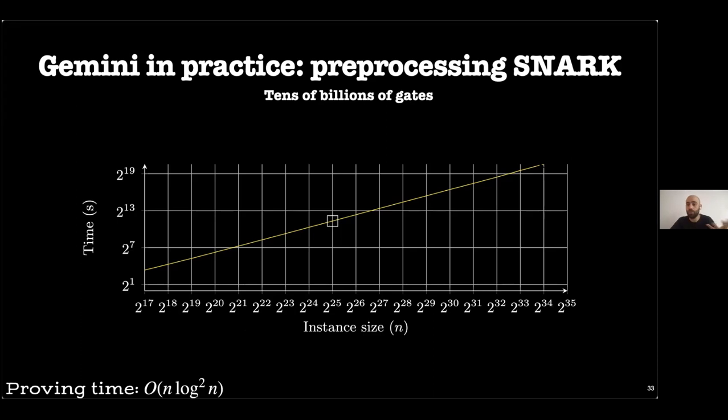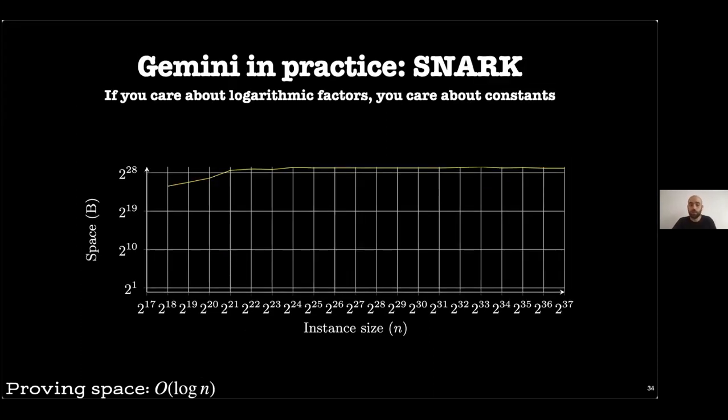And the log factor, I don't even see it for these huge sizes. The same can be said for memory. Despite the memory growing logarithmically, once I set a good budget, in our case 1 gigabyte, you can just let the prover run for whatever instance you care about. And despite the log n factor, the memory will stay pretty much constant.